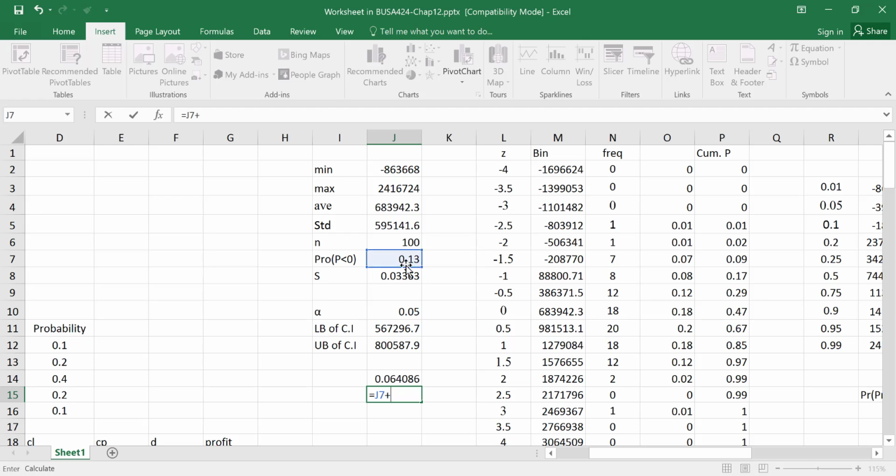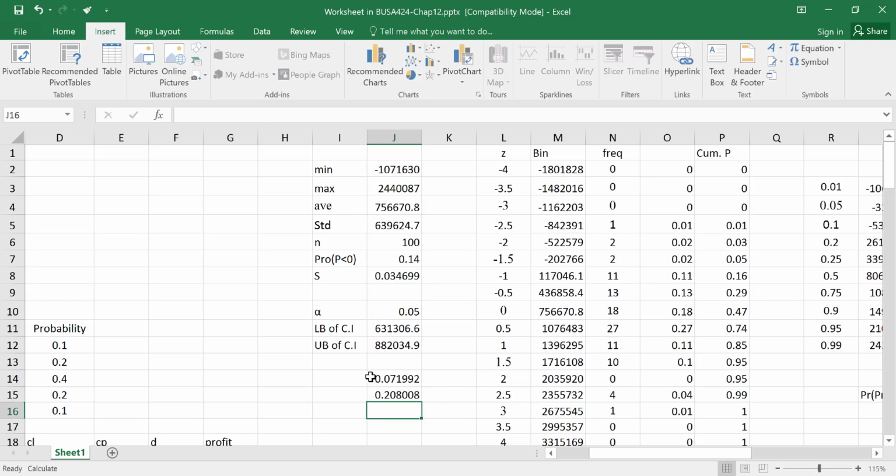And then the upper bound of this one is the normal standard deviation inverse of 1 minus half of the alpha divided by 2 multiplied by this value.